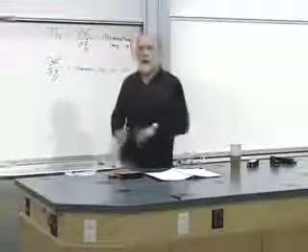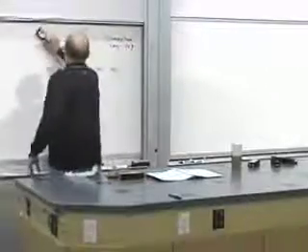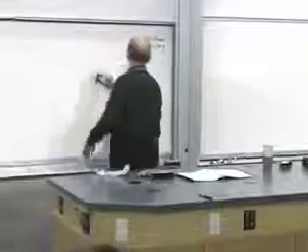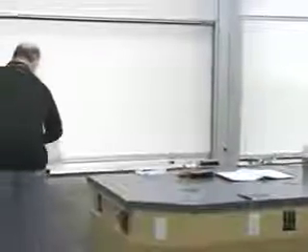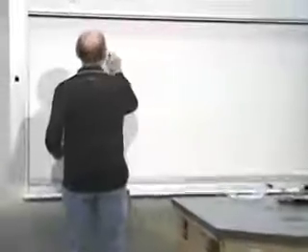Let's do an example of two particles on a line interacting with a force between them governed by a potential energy. All right, so we have two particles on a line.